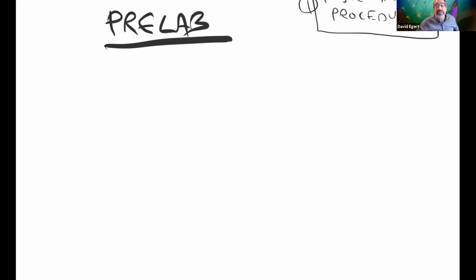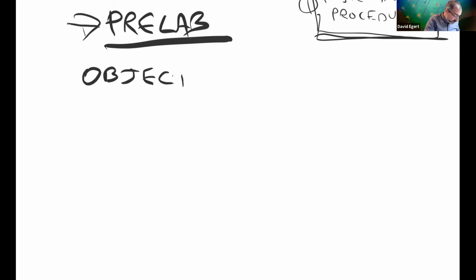If you haven't totally finished the discussion when you decide to do this, give yourself a little bit of space. So paste in the procedure for this jumping lab, and then this pre-lab is going to be the objective.